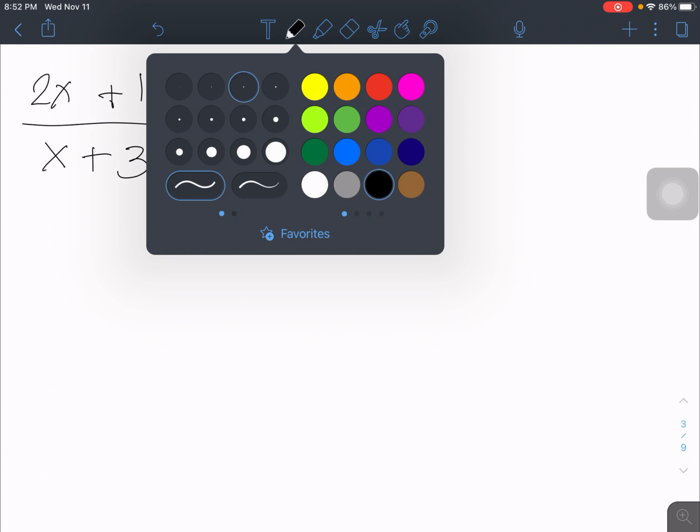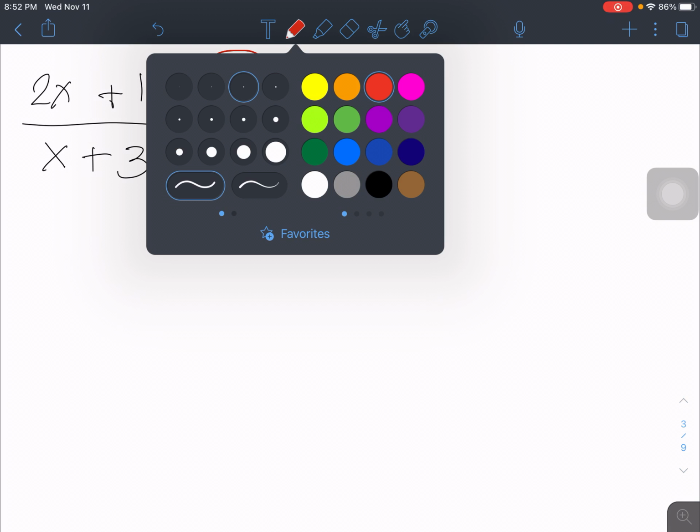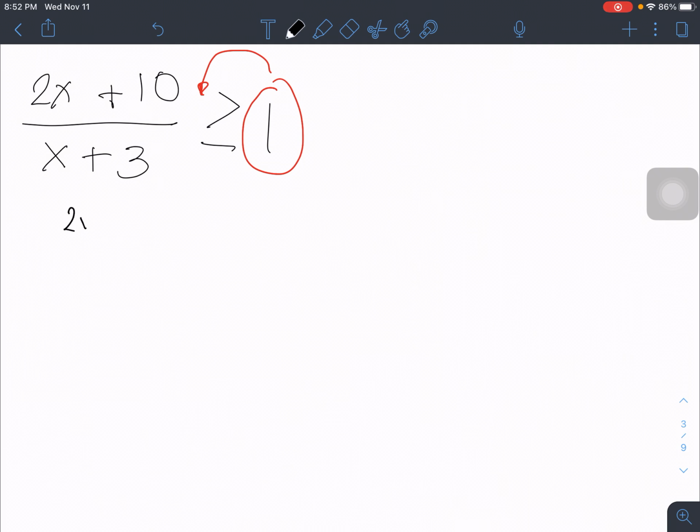At this part, we just need to transfer the 1 from the right-hand side to the left. So we will have (2x + 10) over (x + 3) minus 1 greater than or equal to 0.